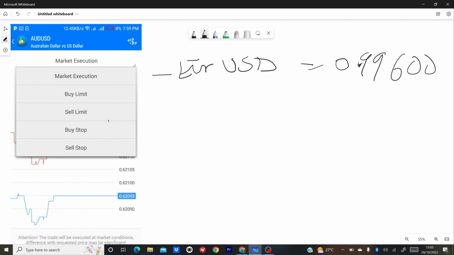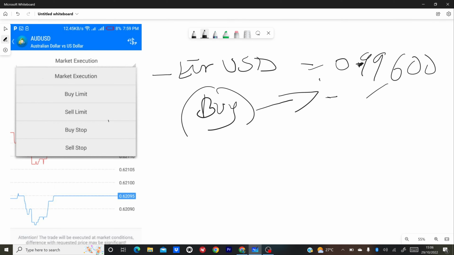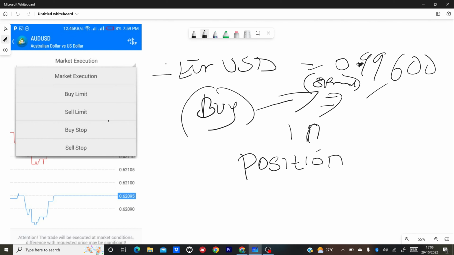When you click buy at the market price, the price will enter here, not exactly, because there is what we call spread, but just know the market order will be executed instantly. You have an open position instantly the moment you click.